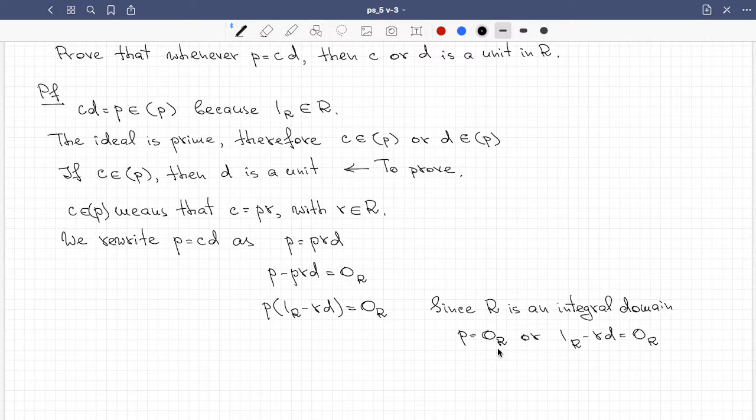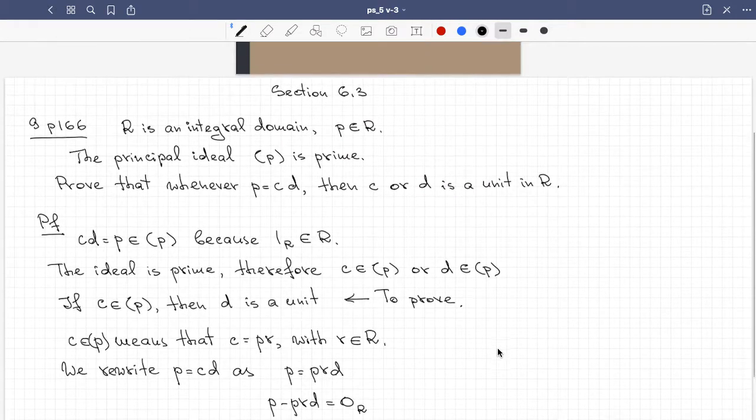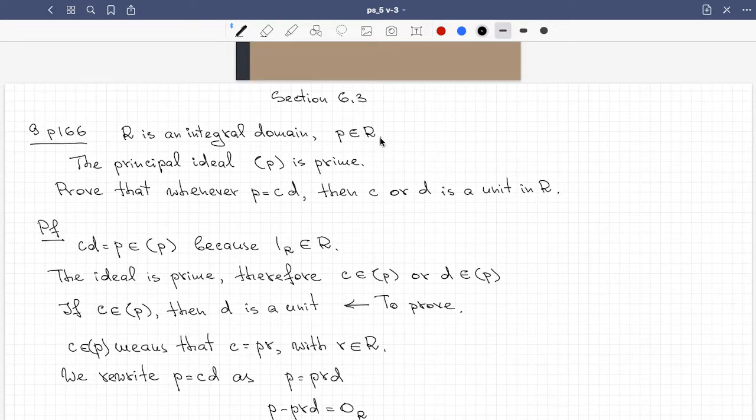I forgot they told us in the very beginning that P is not 0. Otherwise this ideal contains nothing but 0.